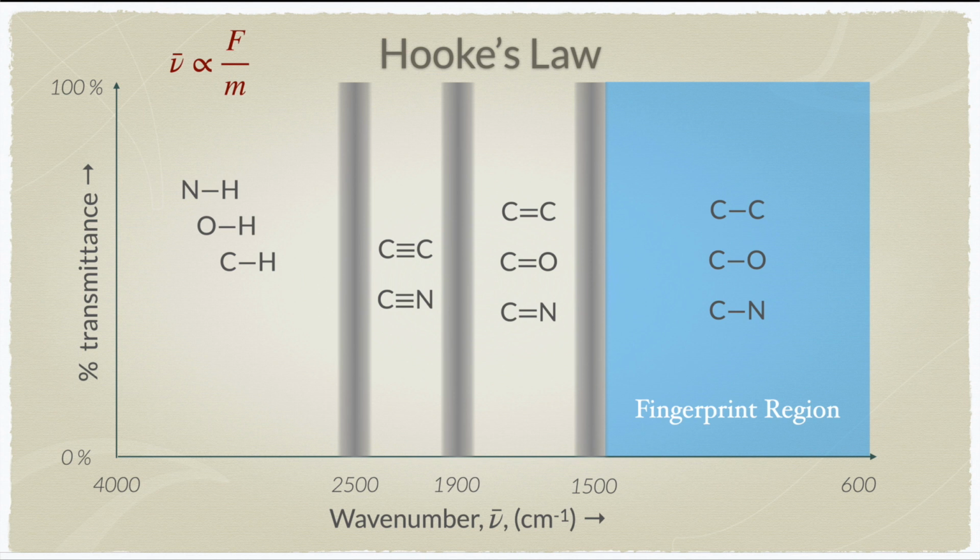If the fingerprint region matches, you are sure that they are the same molecule. If the fingerprint region does not match, then you will know that they are different molecules. So this is the usefulness of IR spectroscopy. We have the region which gives us the functional group and the region which is the fingerprint region.